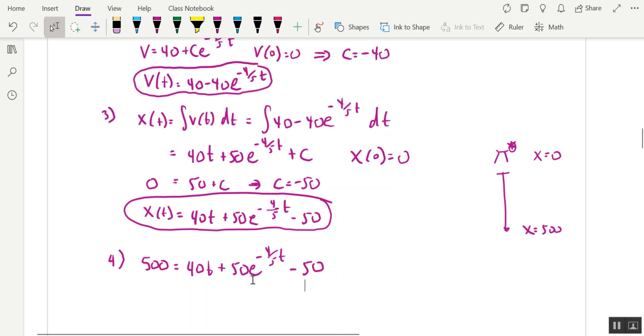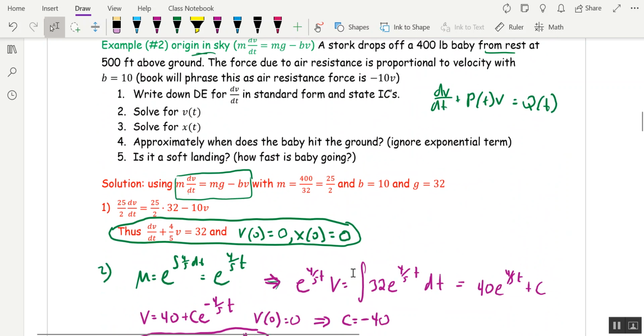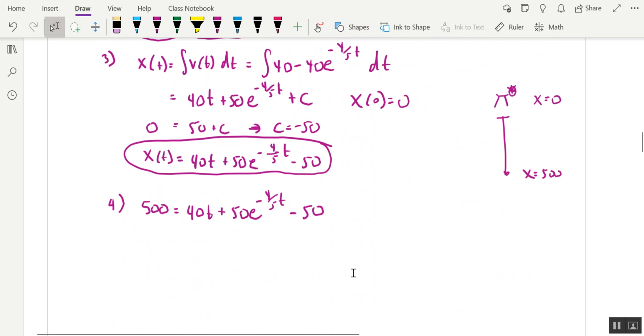Now, here's where you're going to either need technology or use the fact that you can ignore, in this case, the exponential term. So the instructions are to ignore the exponential term. When you solve this for t, you're going to find that the value of t, for which this is true, makes this term absolutely tiny. So we're going to set that equal to 0 and get t equal to approximately 550 over 40.